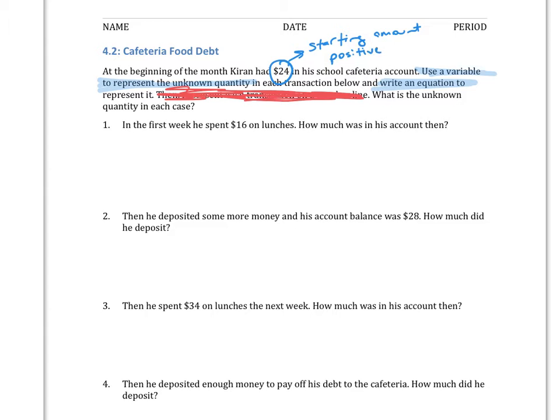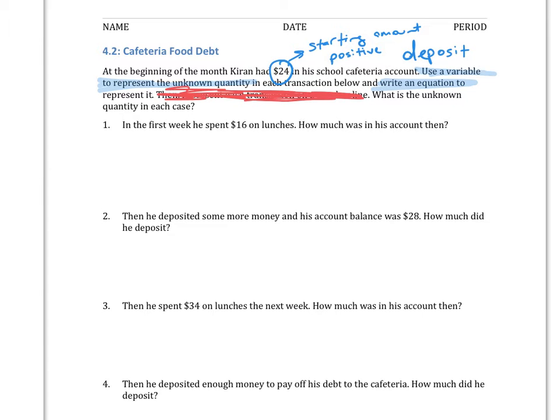Now, just so you know, the vocab word that goes along with putting something into an account is called a deposit. So they deposited $24 into his account, and anytime you deposit something, that is a positive connotation, okay?